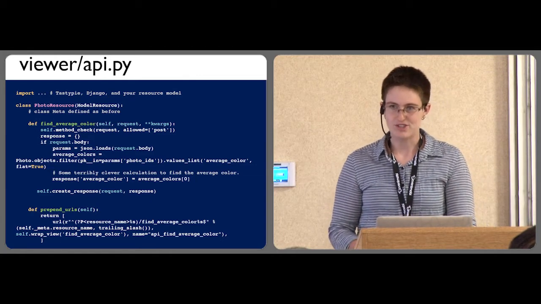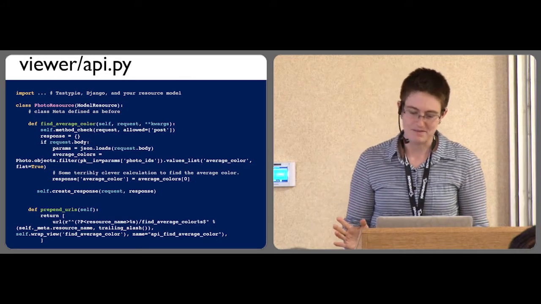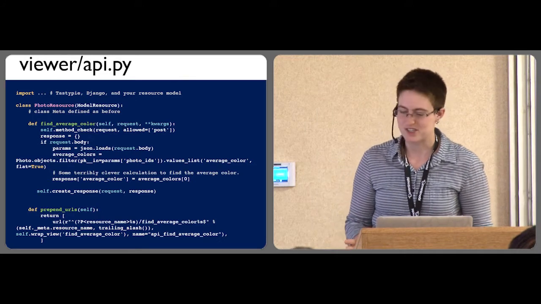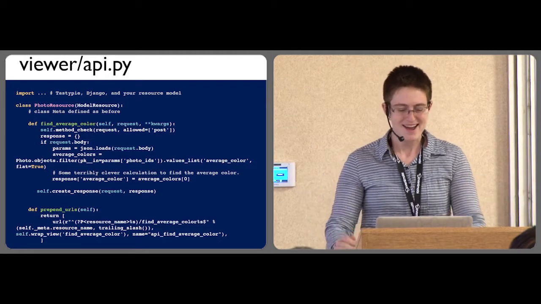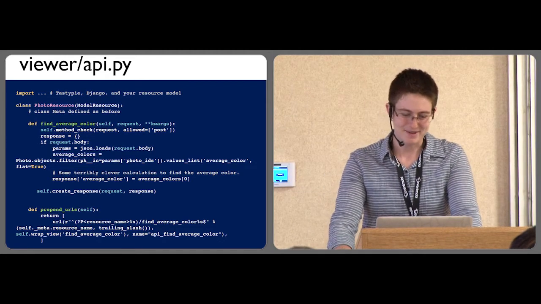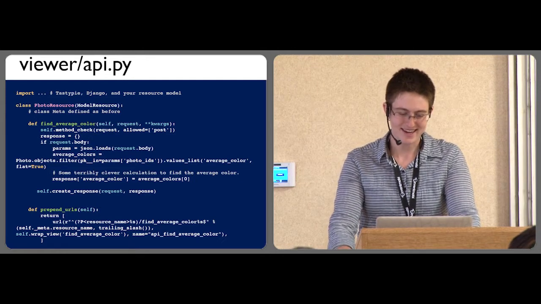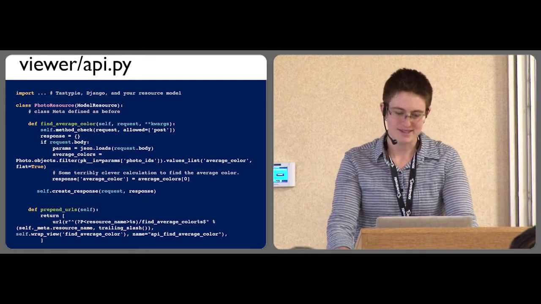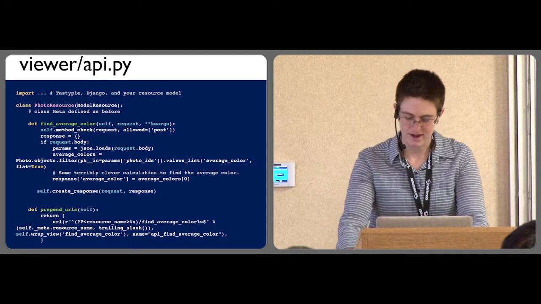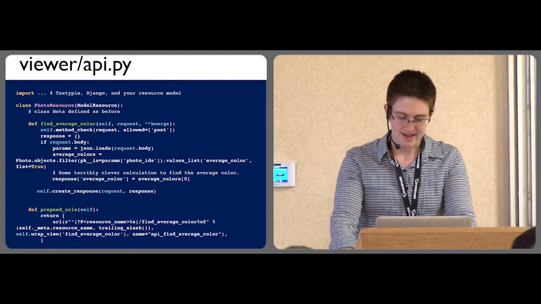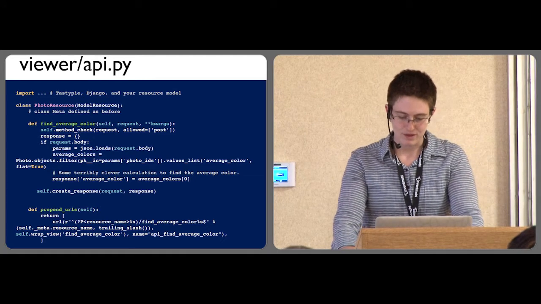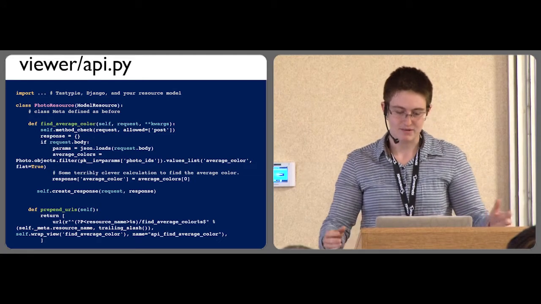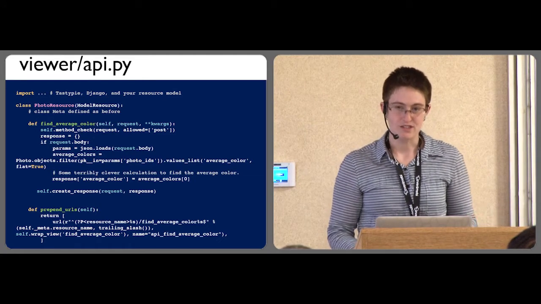I'm going to do some terribly awesome image processing math to find the average color. If you're actually reading that line, you can tell that it's not actually doing that, but it's a demo. And finally, I'm going to stick that in the response and pass that to create response and we'll see what comes back. Lastly, all I need to do is redefine prepend URLs with this one line that creates a route that mentions find average color.